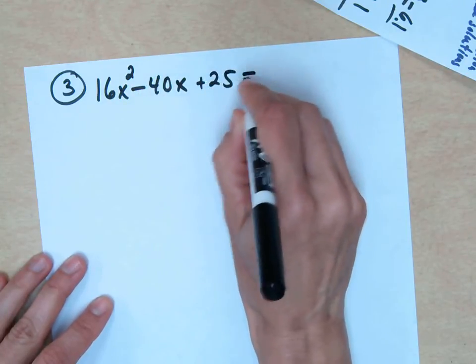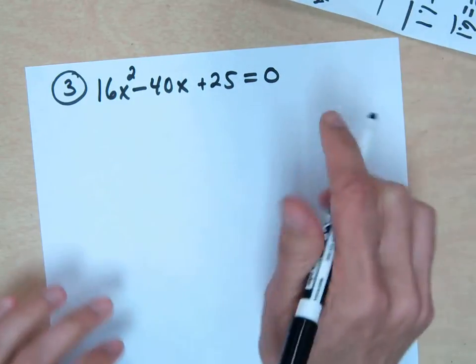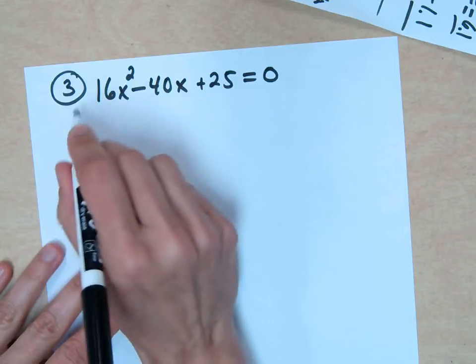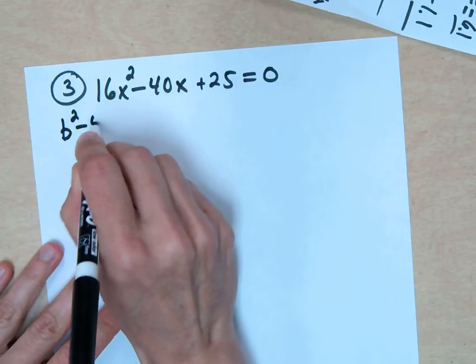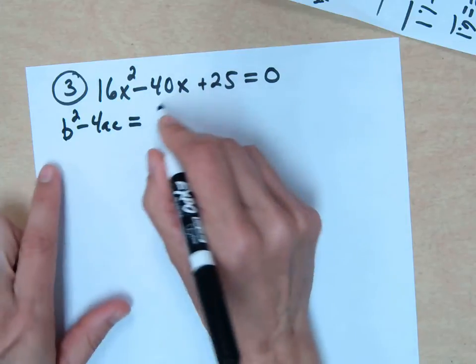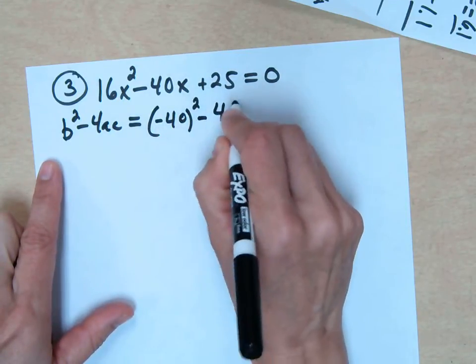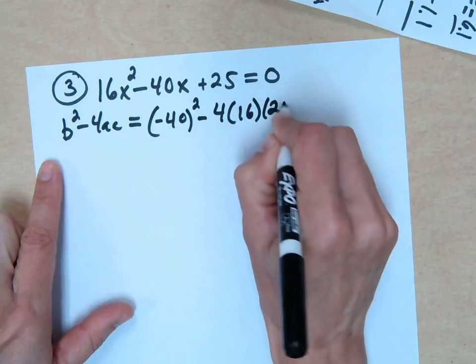So 16x squared. And if you're in a bind and I don't tell you what method to use to solve something, you can use this if you're good at it, if you like it and you do it well. But I caution you, you have to do b squared minus 4ac carefully. That's why I'm doing it as a separate step.